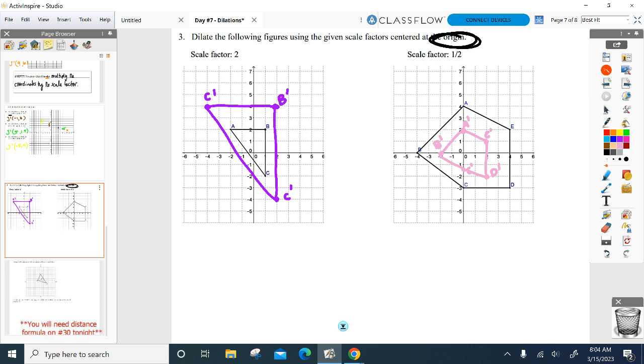Make sure when you're doing the scale factor 1/2, C prime is -1/2, -1.5. Okay, make sure it's in the middle.